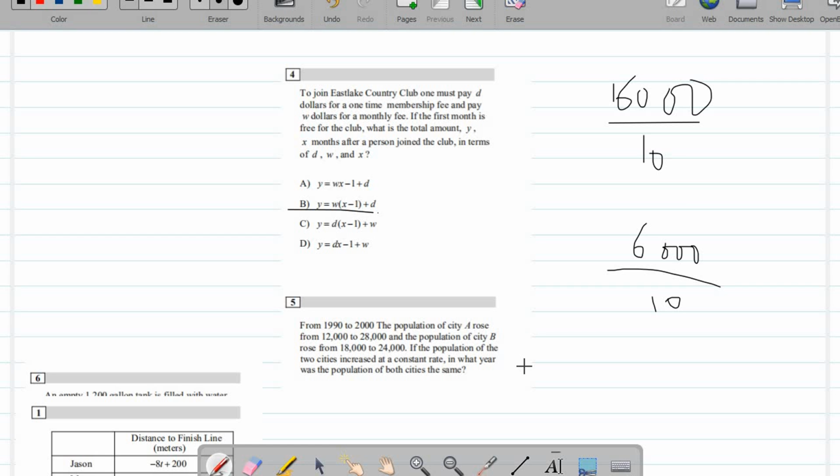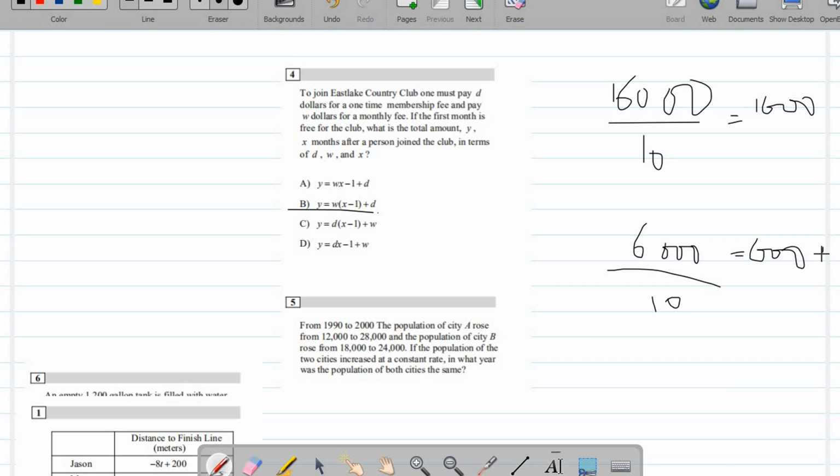So what we're going to do, 16,000 divided by 10, that'll just give you 1,600. And 6,000 divided by 10, that'll just give you 600. So that's 600 persons per year.